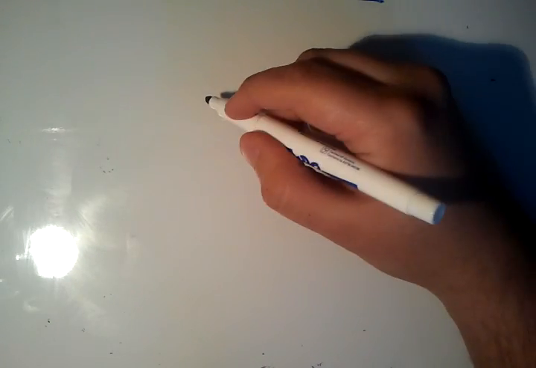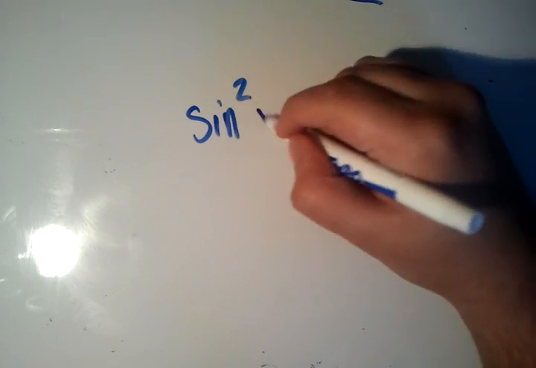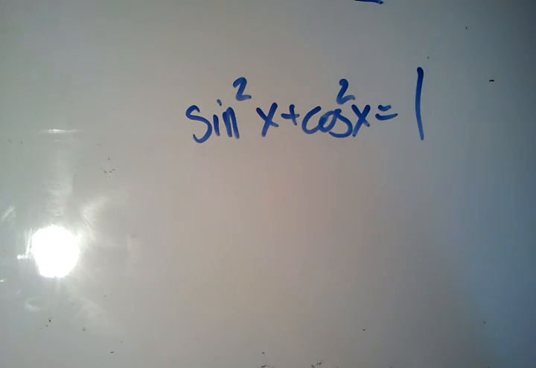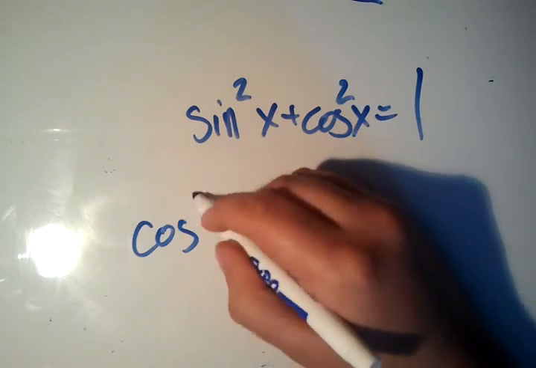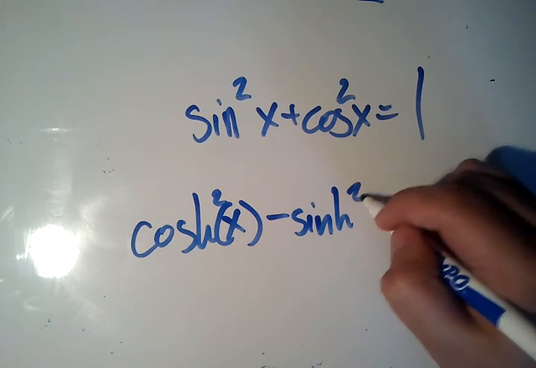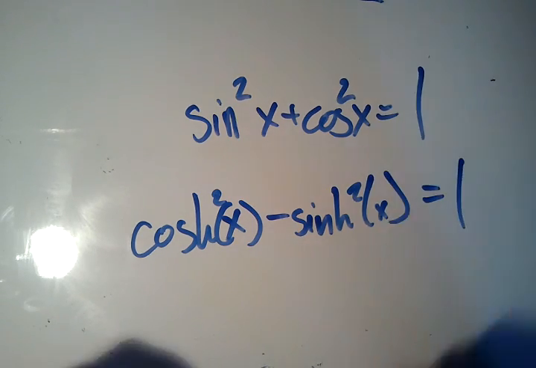Another thing we can say is the identity from regular trig, sine squared x plus cosine squared x equals 1. That holds here, but in a different form: cosh squared x minus sinh squared x equals 1. That's all because it's coming from the hyperbola instead of a unit circle.